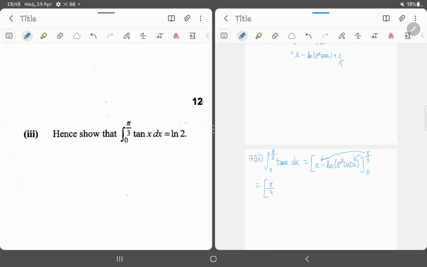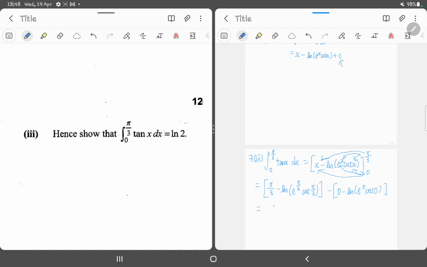So pi over 3 minus ln of e to the power of pi over 3 cosine pi over 3, minus, substitute the zeros here and here and here. So we get 0 minus ln of e to the power of 0 cosine 0.